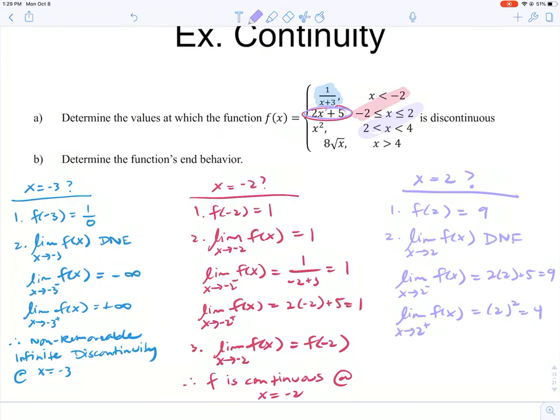Okay, so the two-sided limit is D and E. Our one-sided limits exist but do not agree. So therefore, there is a non-removable jump discontinuity at x equals to 2.